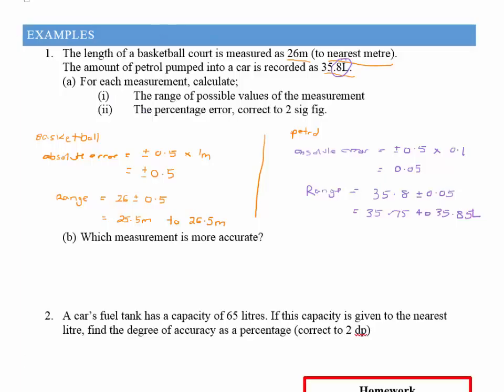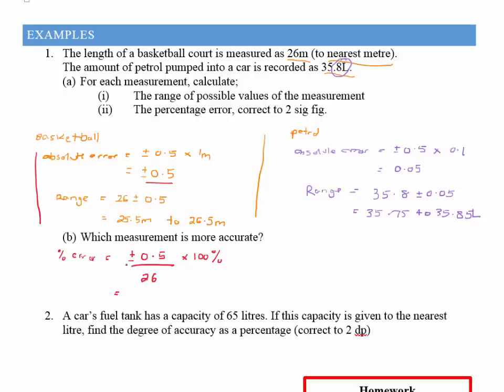Now we need to find the percentage error. And to do that, it's really quite simple. For a basketball court, the percentage error, we're just going to use that formula, is plus or minus a half, because that was our absolute error, over the actual measurement we had, which in this case was 26, and we times it by 100%.